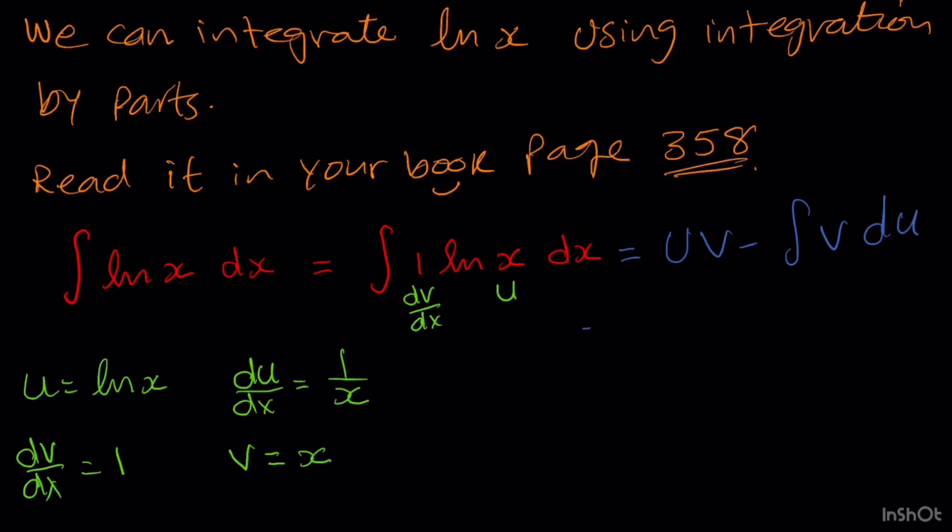U is ln x and v is x, so multiplying them together gives x ln x, minus the integration of v du. V is x and du is 1 over x, so that means x over x, which is 1, dx.